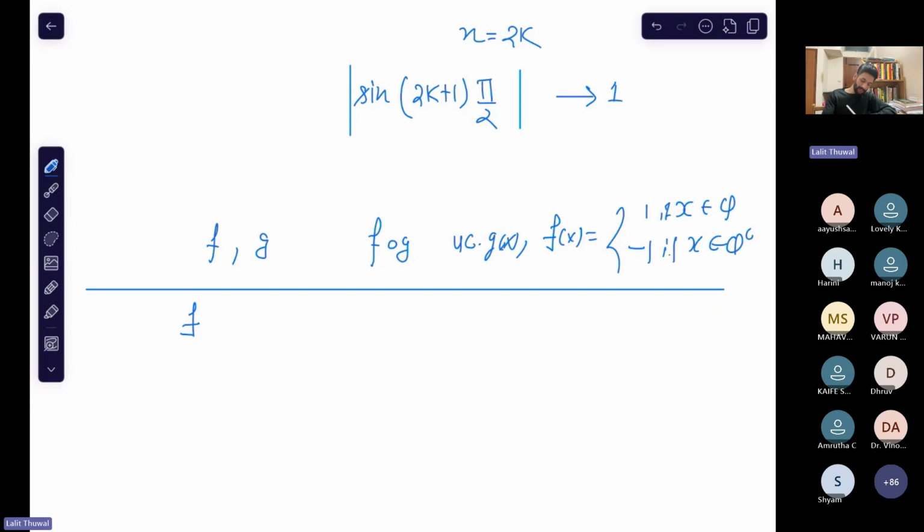Now my question is: suppose f and g from R to R are both uniformly continuous functions. What is the comment about the uniform continuity of g operation f? Raise your hand if you know the answer.